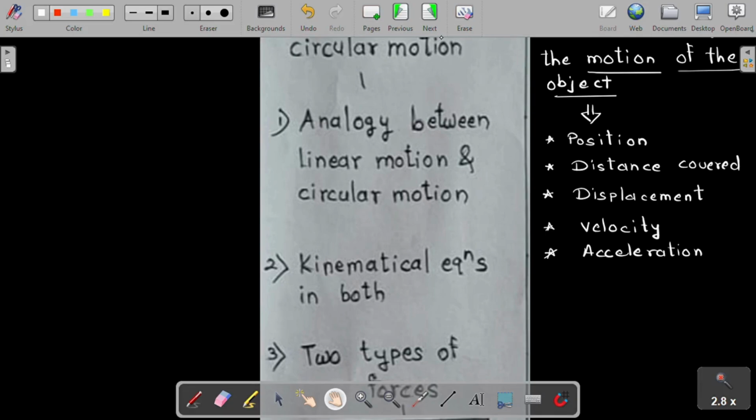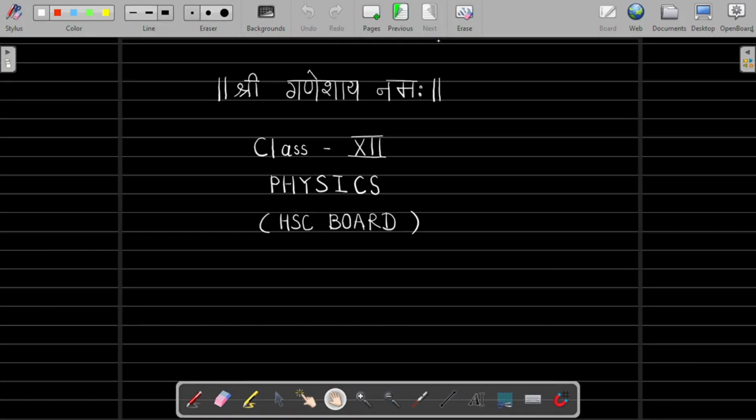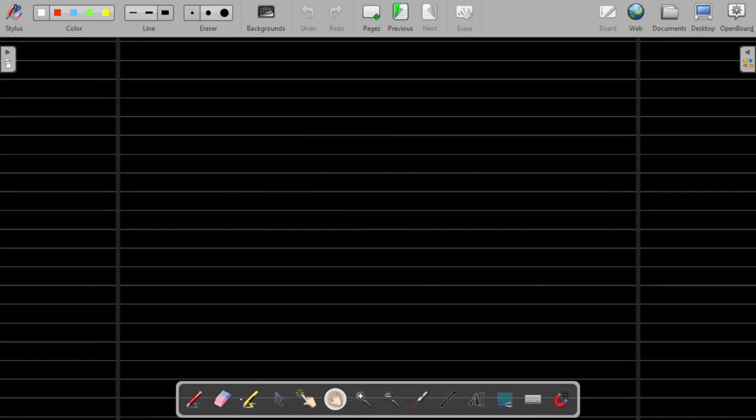Okay, so let's open the new page here. So, analogy between linear motion and circular motion.